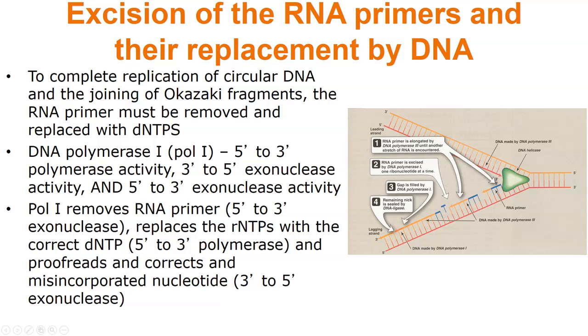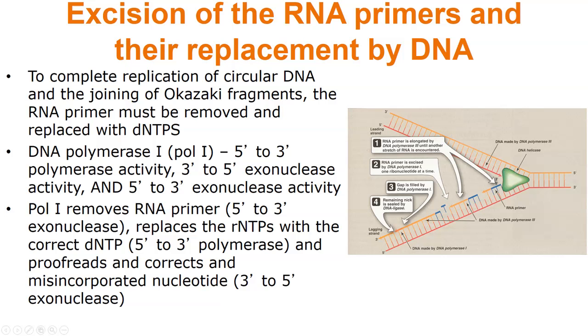In prokaryotes, most of that work is accomplished by DNA polymerase I, okay? Just like DNA polymerase III, it's got a 5' to 3' polymerase activity, so it can work just like DNA polymerase III. As long as it's got a free 3' hydroxyl group to join to, it can make a molecule of DNA.